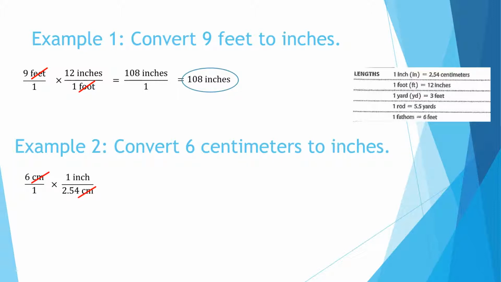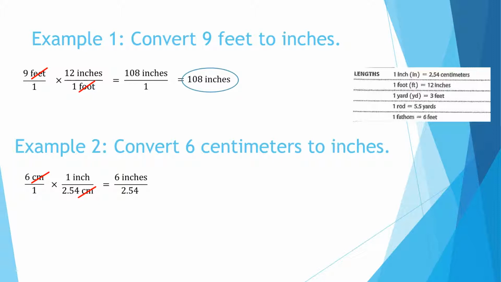This is going to allow us to cancel our matching units of centimeters and then multiply across the top and multiply across the bottom. We don't need to convert any further because we are down to inches, which is what we wanted to be in. So if you multiply across the top, 6 times 1 is 6. Multiply across the bottom, 1 times 2.54 is 2.54.